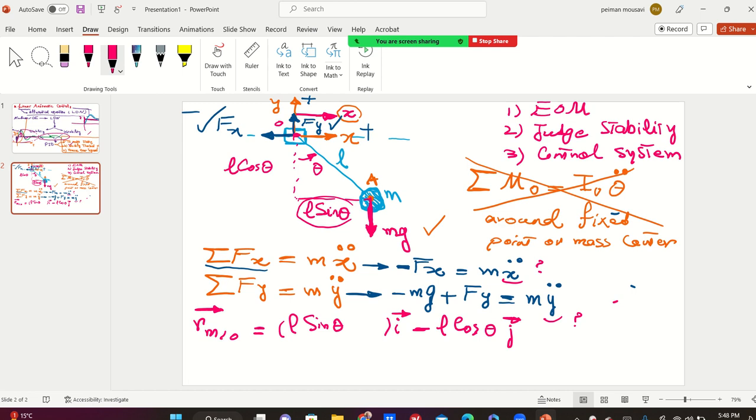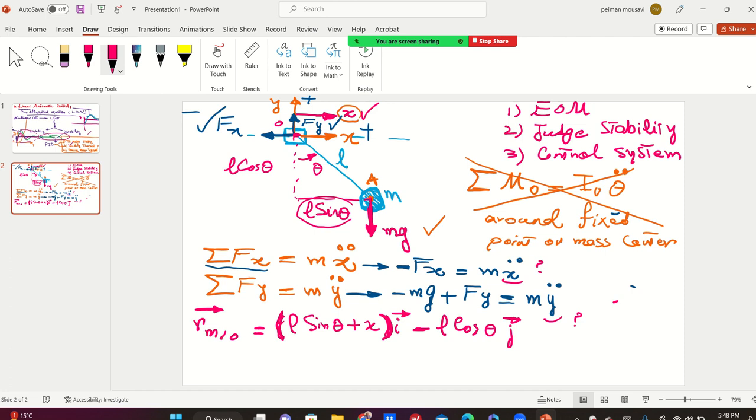Okay, so are we done? No, this is parenthesis, bracket. Are we done? No, we are not done yet, because point O is also moving as x of t. The base is moving. See what I'm saying?